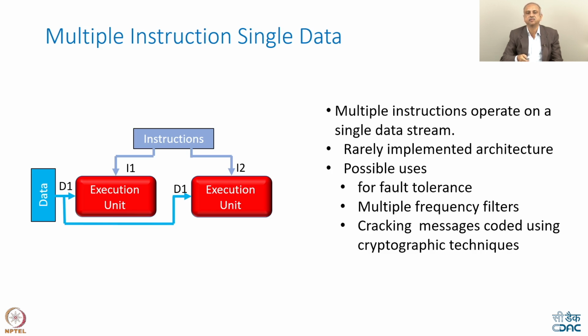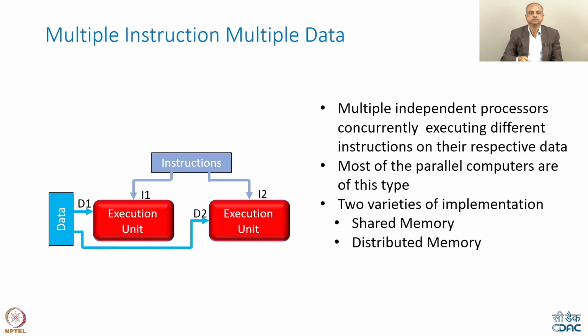If the result is the same, then you know that the algorithm that you have used is correct. Similarly, other examples include multiple frequency filters and messages that need to be cracked using cryptography techniques.